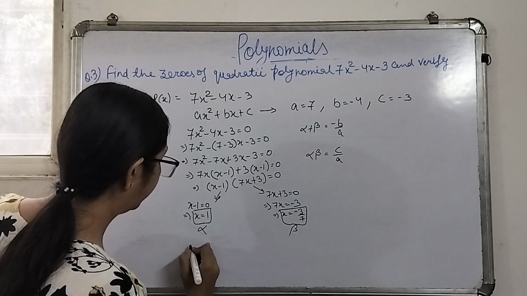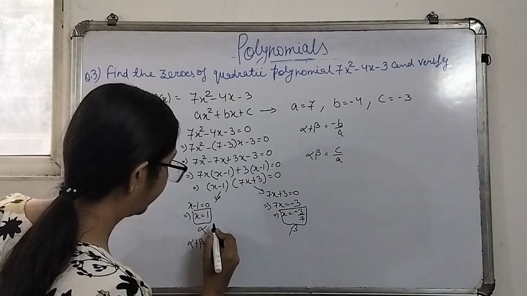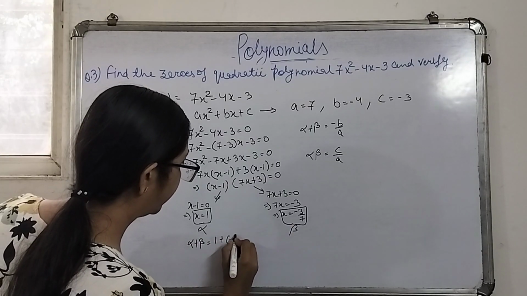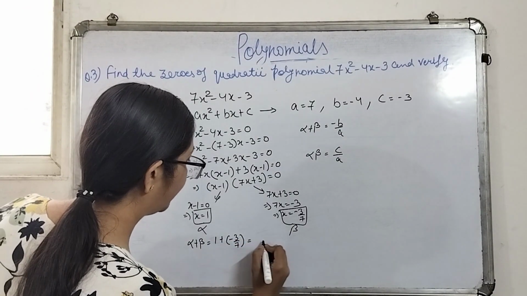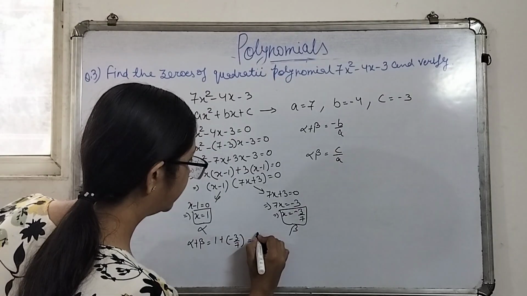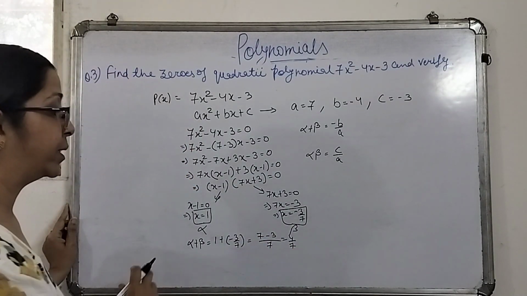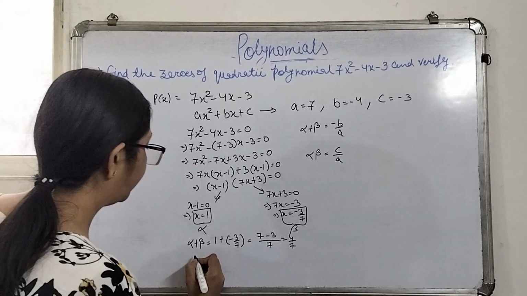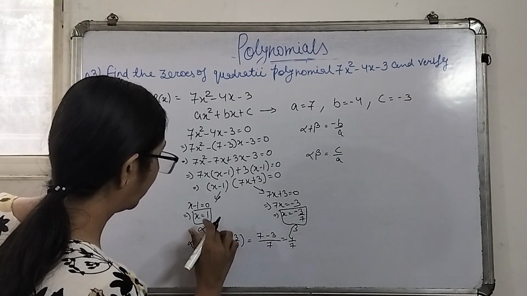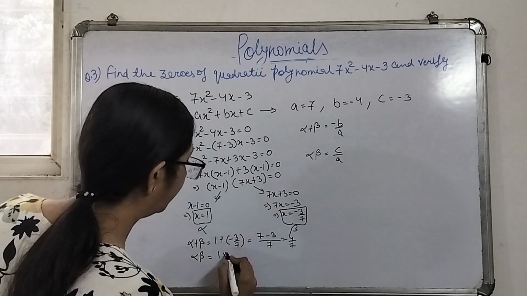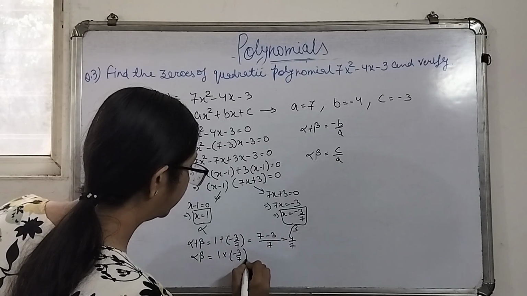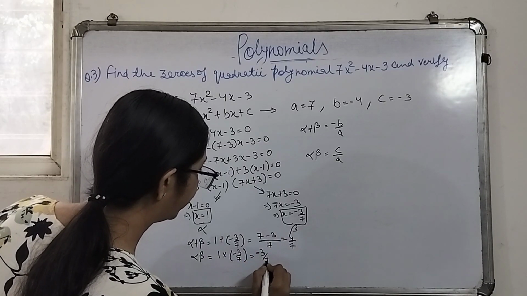So alpha plus beta will be 1 plus minus 3 by 7. Taking LCM, it will be 7, 7 minus 3, that is 4 by 7, which is the sum of the zeros, and the product of the zeros should be 1 multiplied by minus 3 by 7, that is minus 3 by 7.